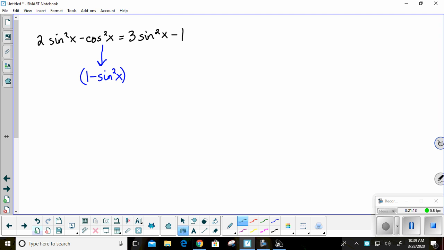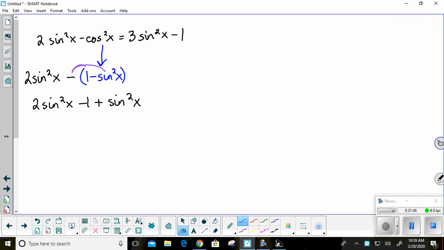So the rest of the left-hand side here, 2 times sine squared x and the minus, are still there. Again, I used the trig identity. Now this negative has to be distributed, remember, to both terms. So this becomes 2 sine squared x minus 1 plus sine squared x.